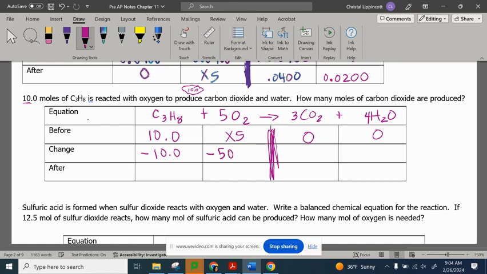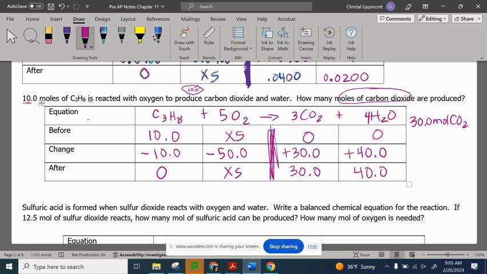Minus 50, because we're using it up. What am I going to have here? Plus 30. And here, plus 40. Okay, so I've got 40 here remaining. I've got 30 here remaining. Here, I don't know how much I've got, but I've got some left over. And here I have 0. They wanted to know how many moles of CO2 we have. So that is 30 moles of CO2 were produced.